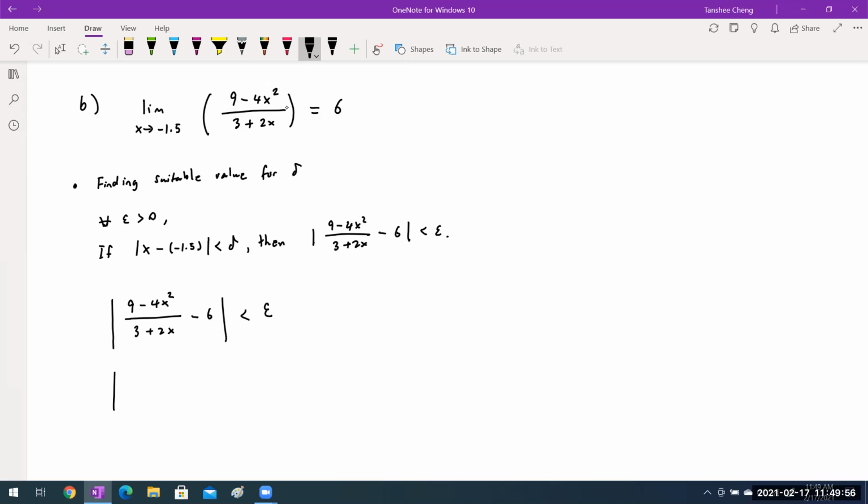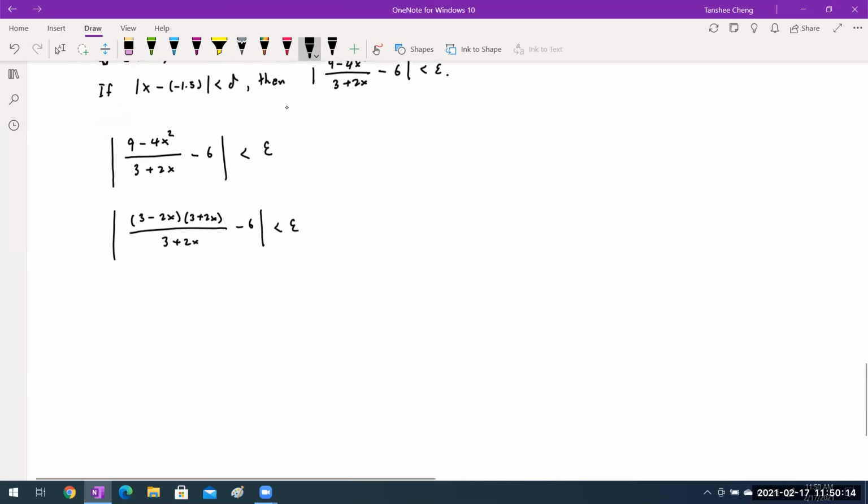When we manipulate this, I can factor the numerator: 3 minus 2x times 3 plus 2x, over 3 plus 2x, minus 6, less than epsilon. And remember why we are doing this: because we want to find the suitable delta. In the end, I want to reach this point, the absolute value of x minus negative 1.5 is less than delta. We want to reach this point.